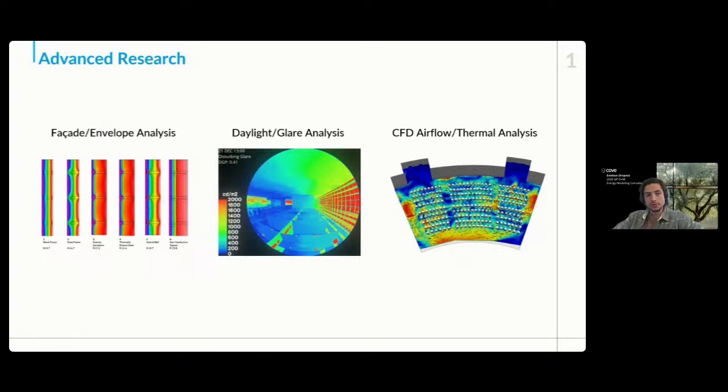So all these more detailed analyses work in parallel with the energy model and can be integrated so that any tweak you make to the design can also be translated to the building systems and ultimately to the energy performance. This also allows you to not overlook what the interior quality and environment of the building will be.